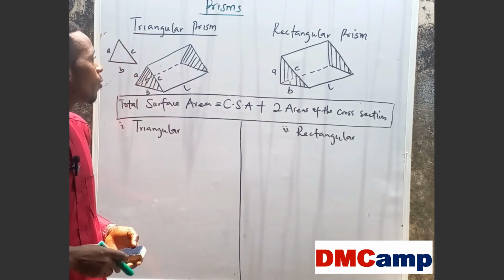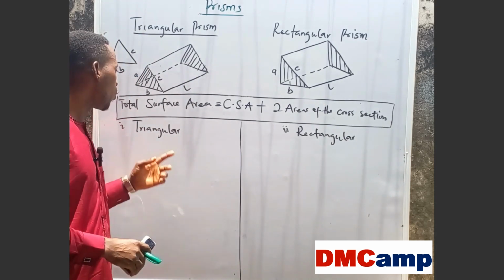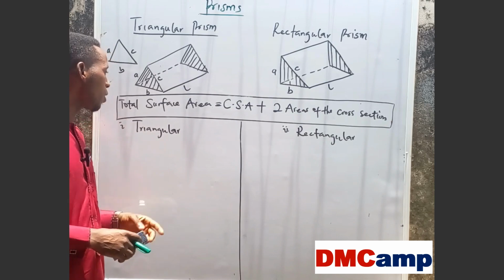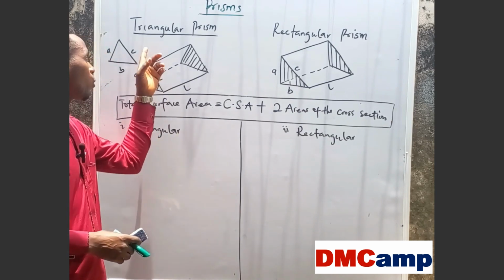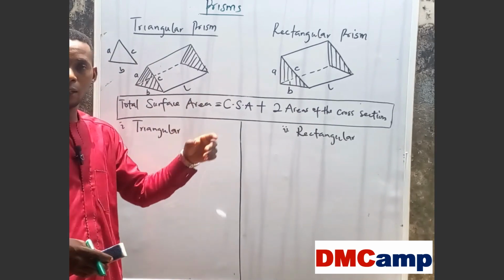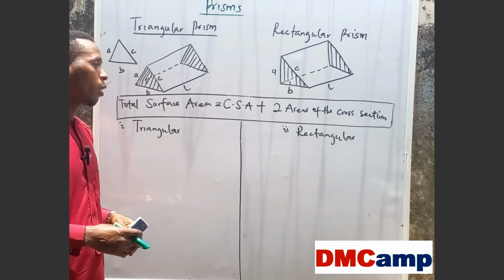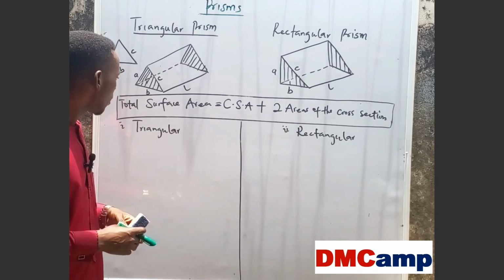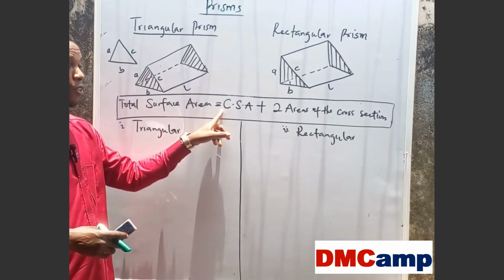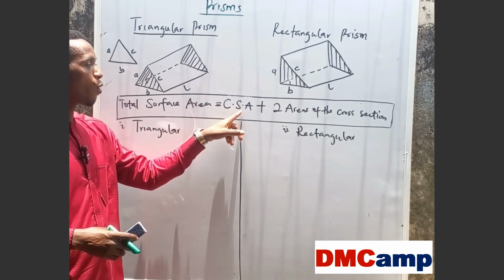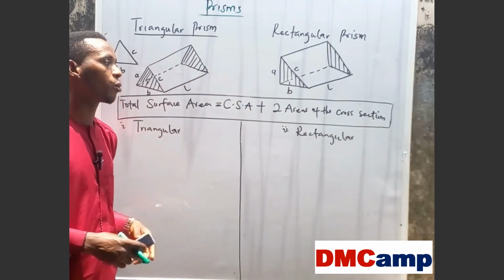Okay, thank you. Let's see how to derive the formula for calculating the total surface area of triangular prisms and rectangular prisms. Now, the formula simply says that total surface area is equal to cross surface area plus the two areas of the cross section.